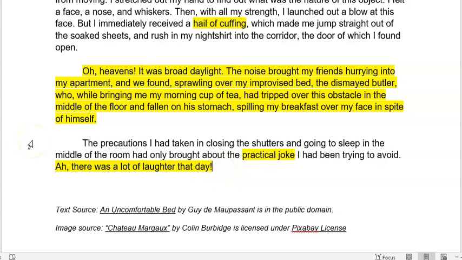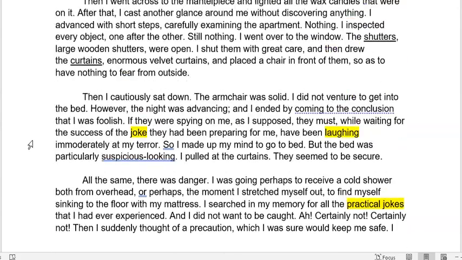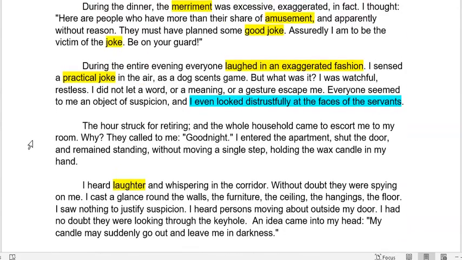So if we go back just for some comprehension of the story, "I even looked distrustfully at the faces of the servants." So he really didn't trust his friends, but he didn't even trust the servants.